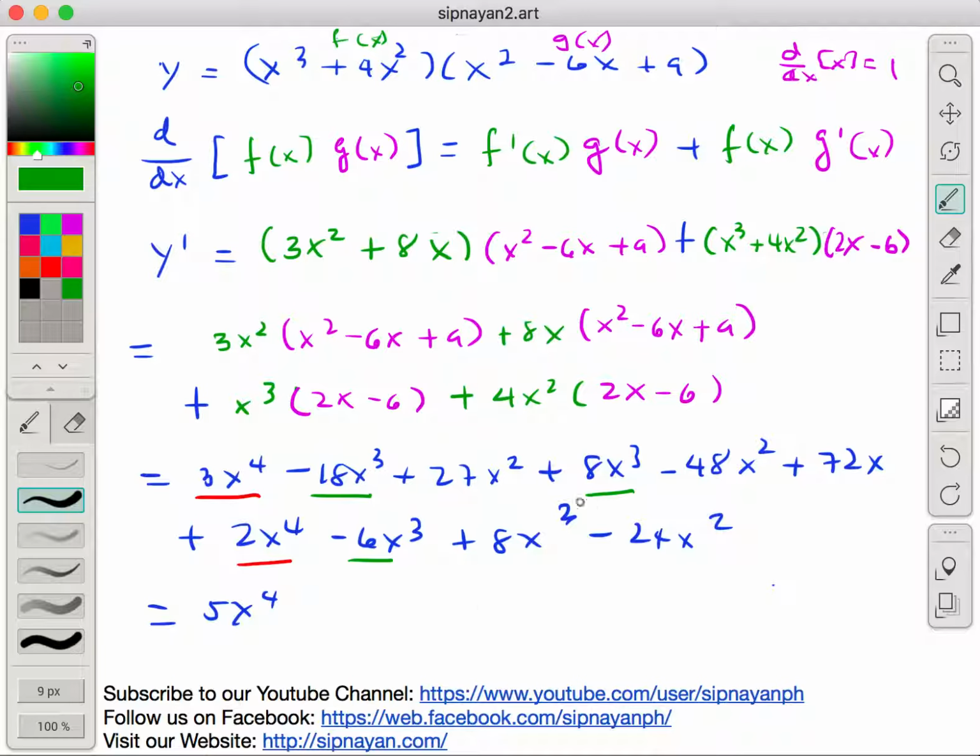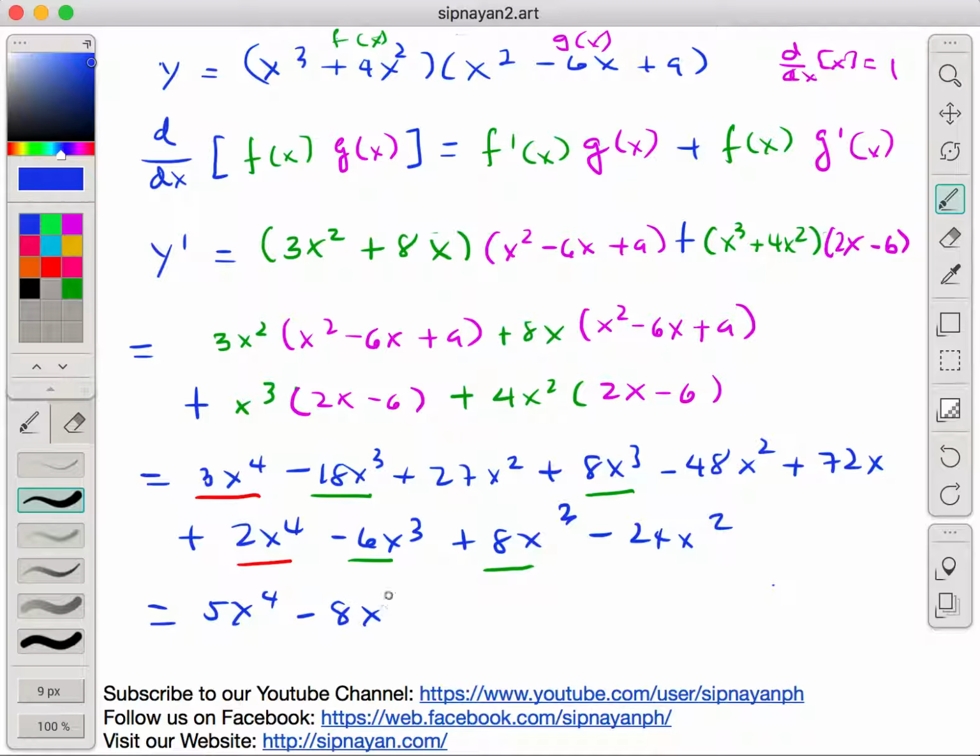Wala na tayong na-miss. So, minus 18 plus 8. Meron pa pala to. Sorry, meron pa tayo dito. This is minus 18 plus 8, magiging minus 10 na lang. Tapos meron akong minus 6, minus 16. And then I have a plus 8. So therefore, I have a minus 8.